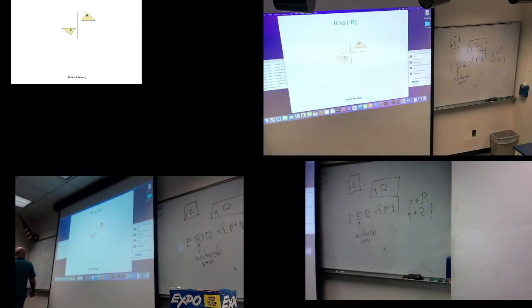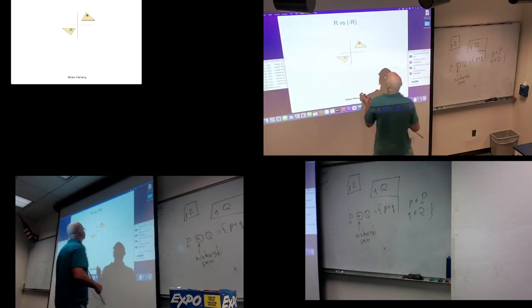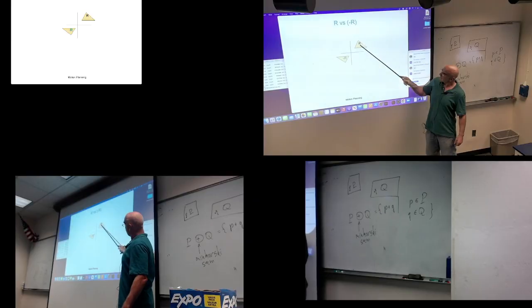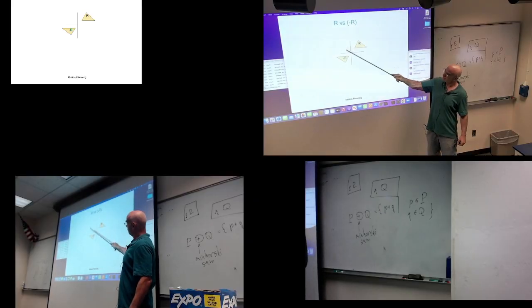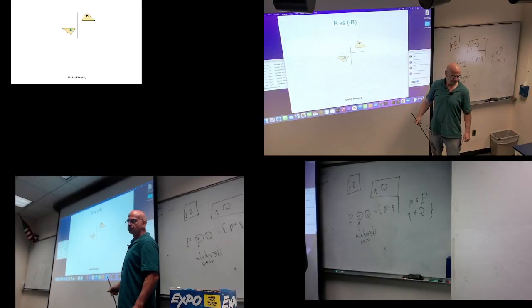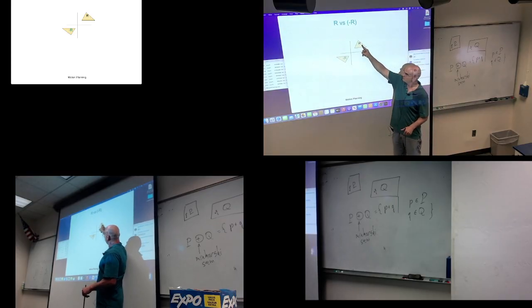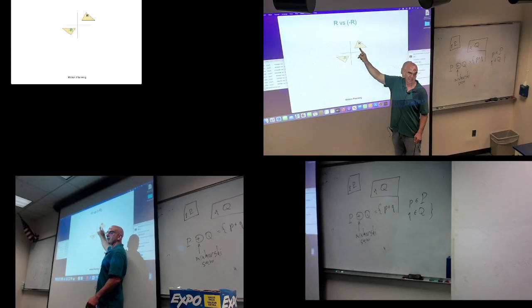Let's talk a bit more about the classification of what P plus is. Here is my robot. I want to show you minus R. I take every point in the robot, look at the point (x, y), and look at minus x, minus y.